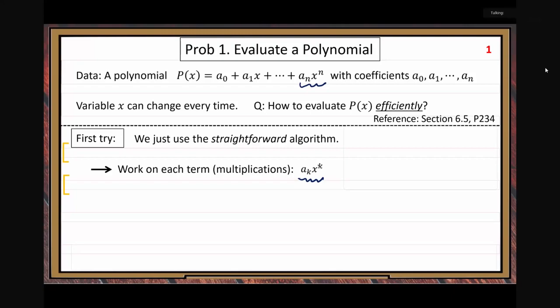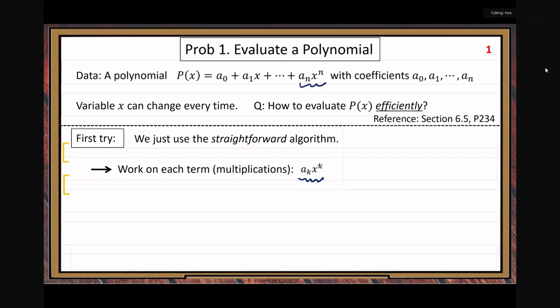Here's the question. Can you tell me how many multiplications do we need to find the answer of this term? Just this term. We need to do multiplications, but I ask you how many multiplications. Do the counting. Because this k is a variable, this k can change.